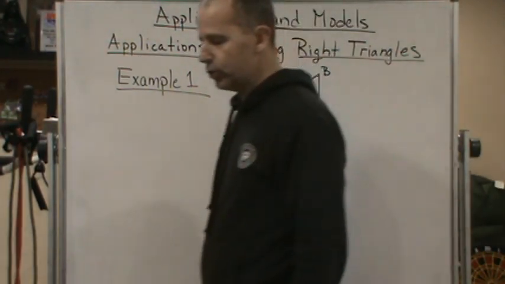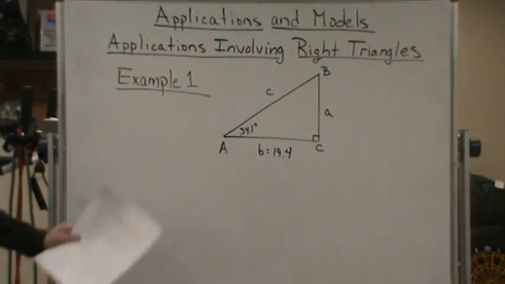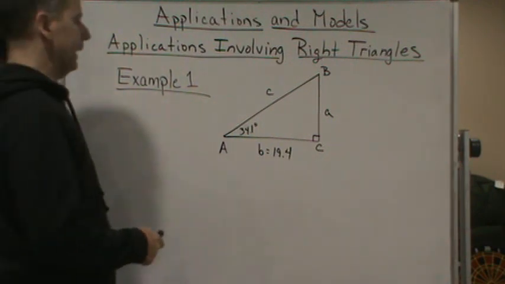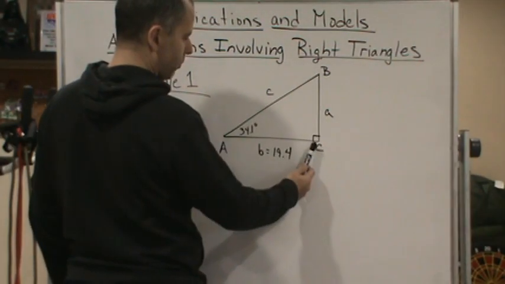So all we want to do is use what we know to solve for all the sides and the angles of this right triangle. And what we know is it is a right triangle. Here's the right angle.